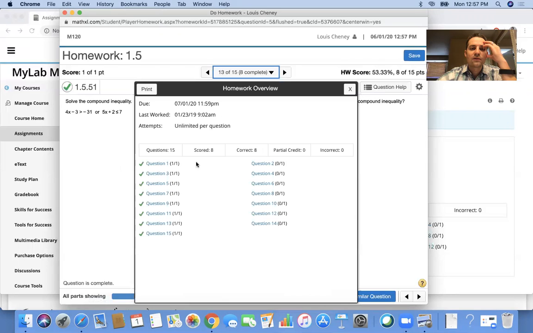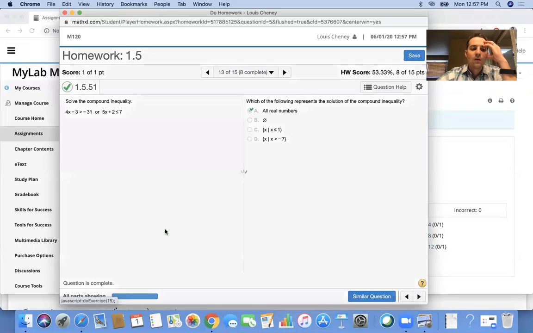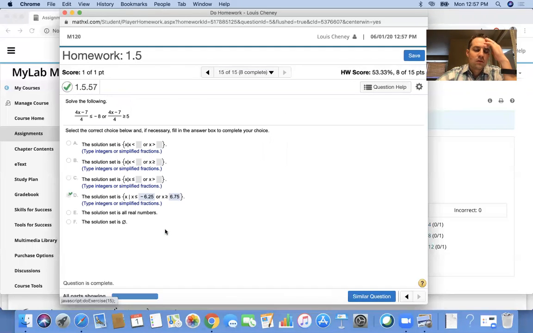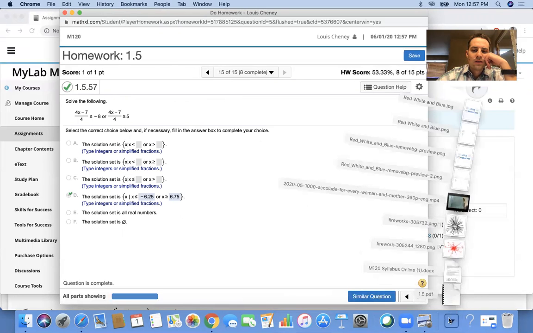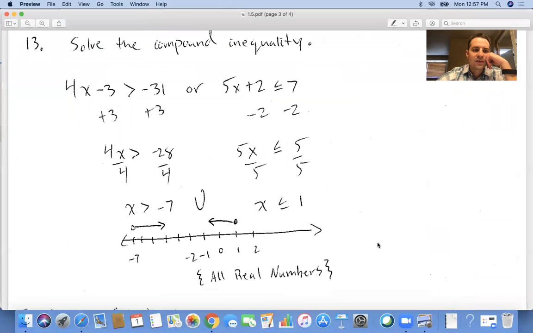All right, question 15. Okay, here's another one, just another solving. Number 15.